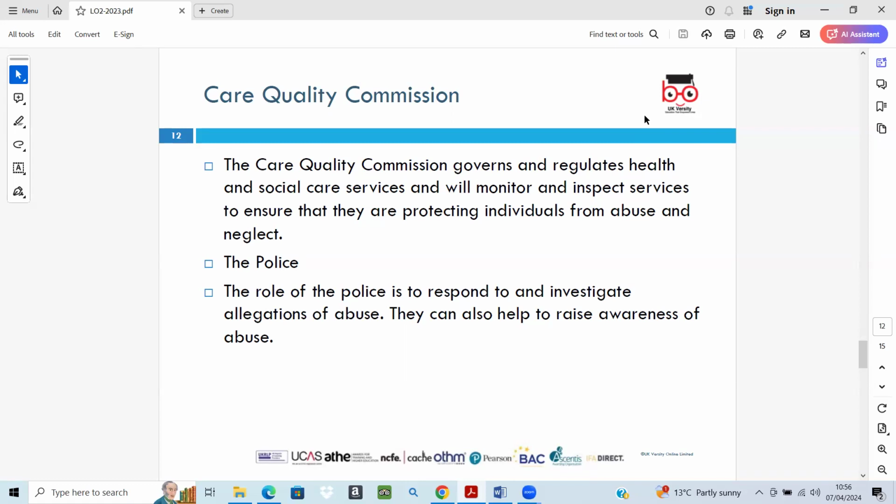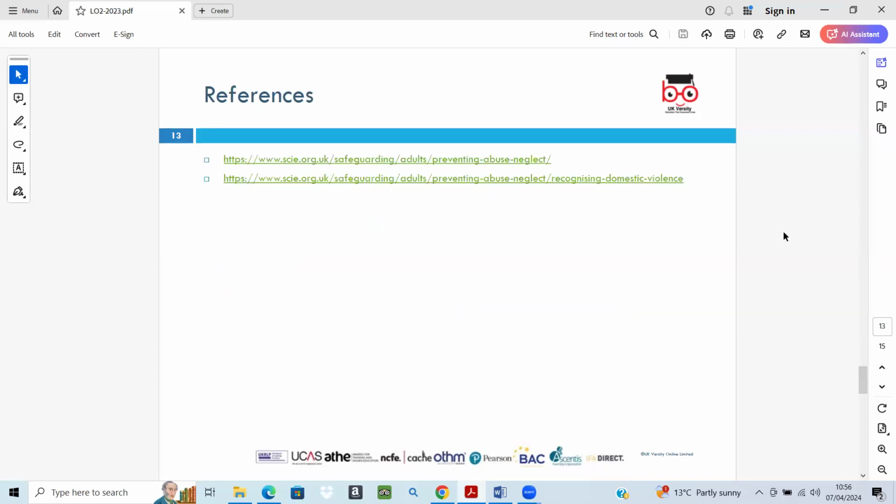Practically we do that. For example, at the college wherever I teach, every college has its own designated safeguarding lead, and they have their own policies, but the basics are the same.